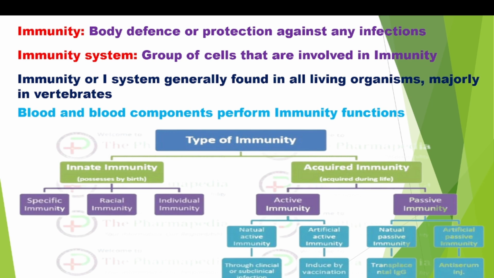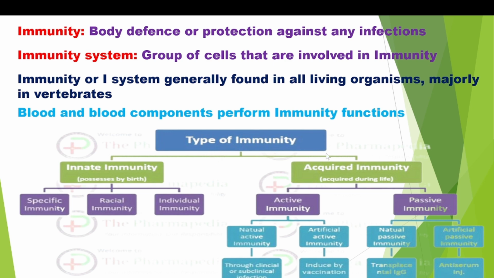Similarly, through breast milk, IgA is transferred from mother to baby. In this way, the baby gets immunized. This is called natural passive immunity. Another one is artificial passive immunity, anti-serum. Whenever one person has recovered from a particular disease, we take serum from that person and inject it into a diseased person. This is called artificial passive immunity.